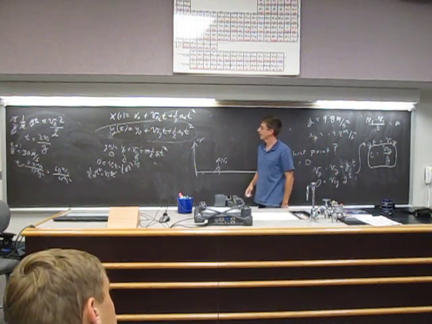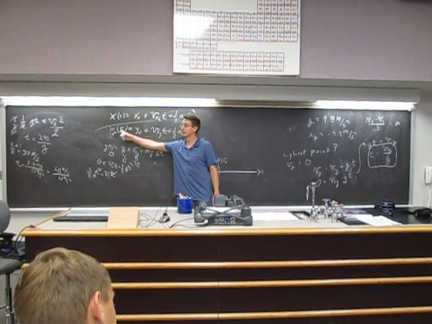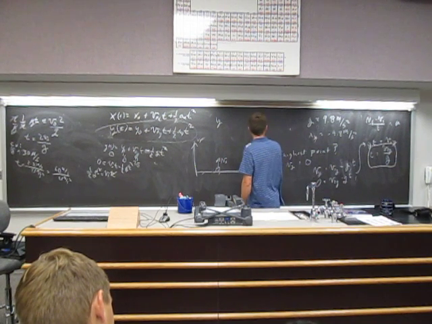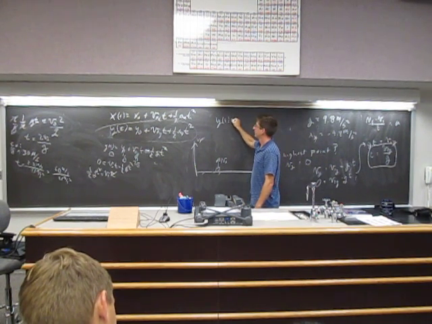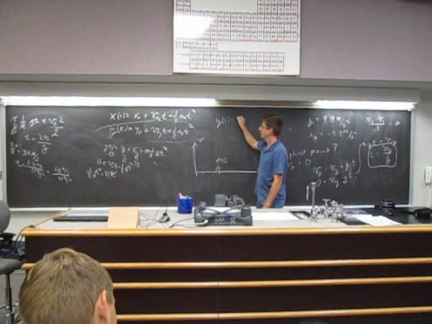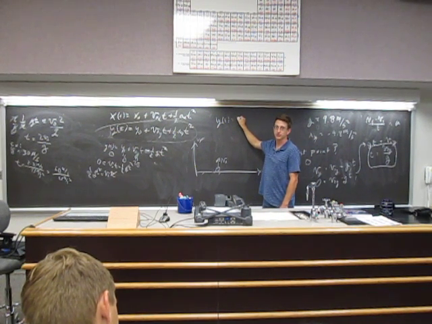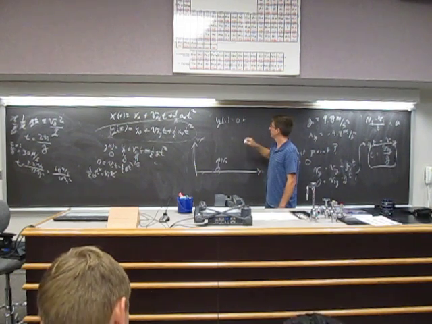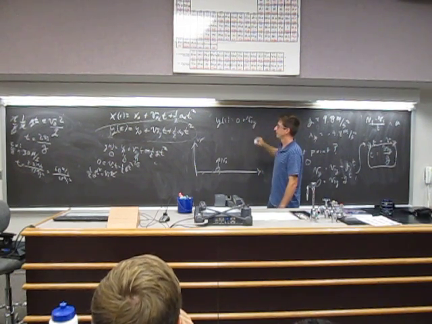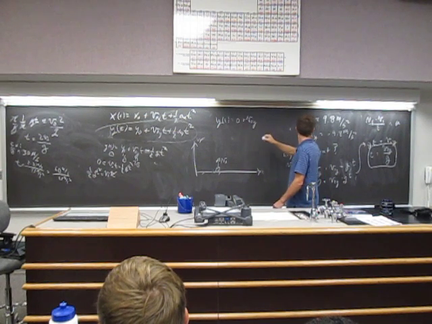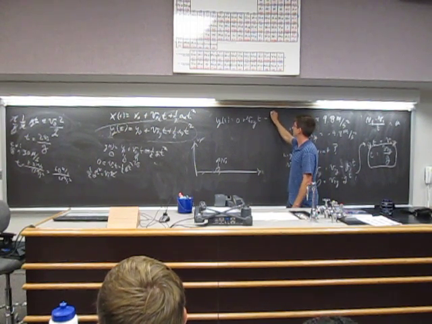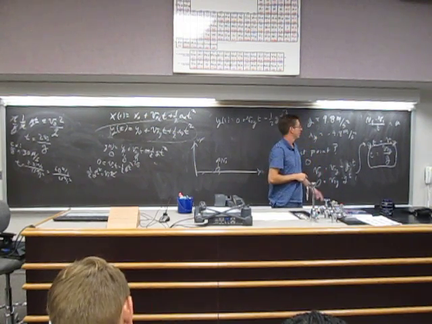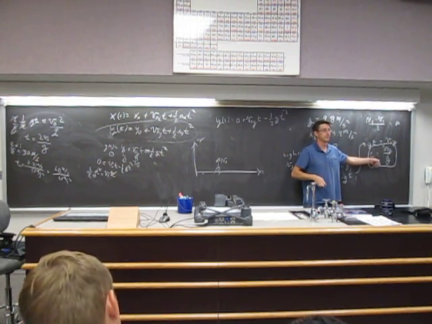If I want to figure out how high it is at that point, I'll just plug it into this equation. I'll say y at that time, which would be the highest point, would be the initial y position, which was 0 if I started at the ground, plus the initial velocity in the y direction times the time, minus 1/2 g t squared. I'll plug in this time.